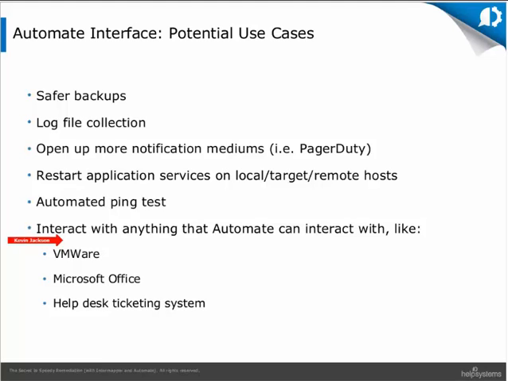Automate can be used to launch a web browser and toggle through that website to see what type of slowness is on that web page. So again, you can use the Intermapper product to monitor, and then Automate can do some problem solving, some checking to ensure that the response that you're getting is correct.